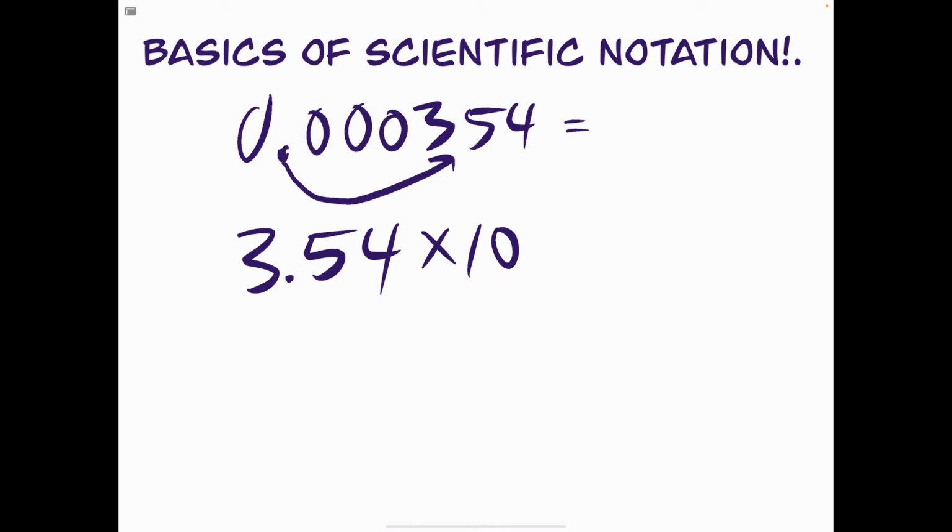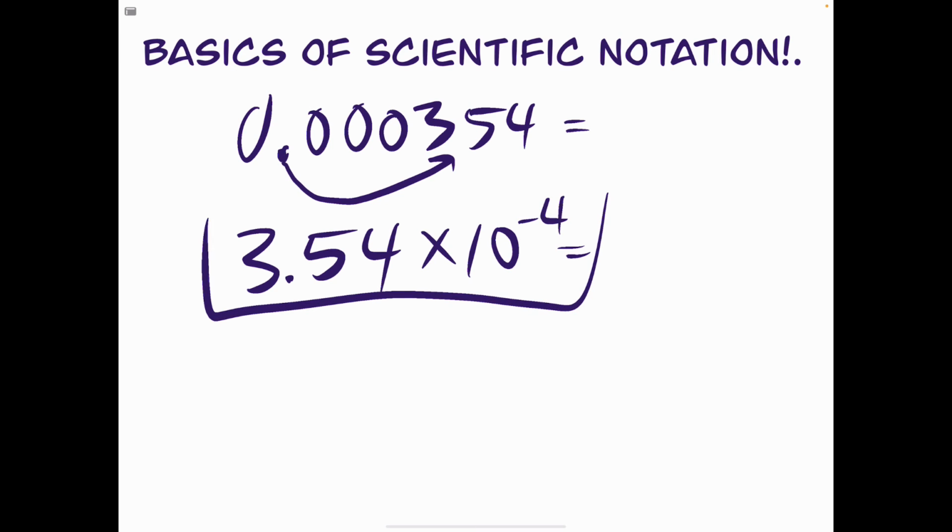And then we need to adjust by the power of 10. Since it's a very small number, it's going to be a negative exponent. And we can see there's 3 zeros and a 3. So we got 1, 2, 3, 4 places. You can always count over. So 3.54 times 10 to the negative 4th power will be our scientific notation.